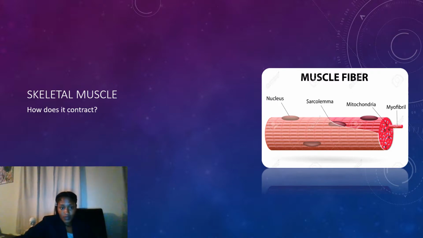We're going to talk about how skeletal muscles contract. Well, basically, it depends. It contracts as a whole, but it depends on the contraction of individual skeletal muscle cells. Either the individual muscle cell will contract or it will not contract, and this is referred to as an all or none response.